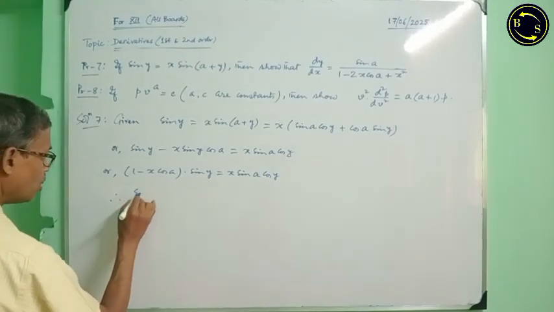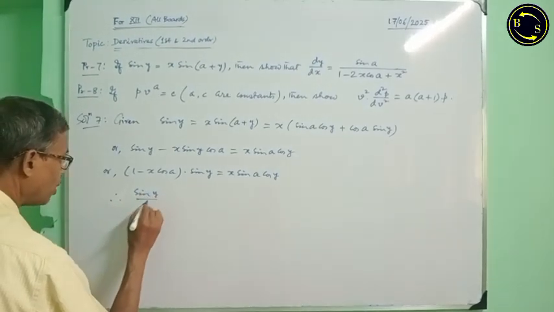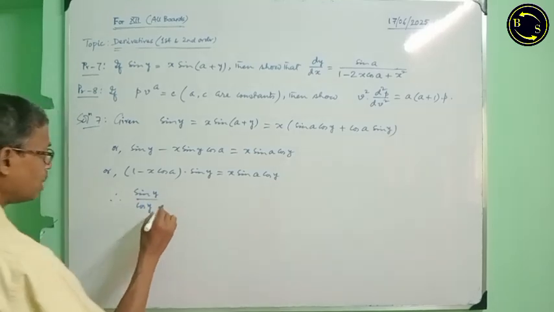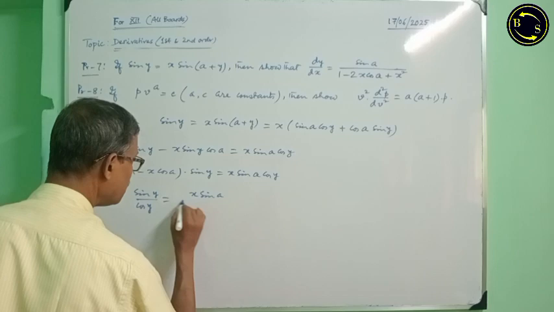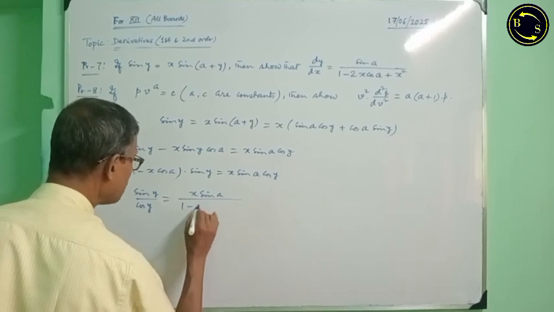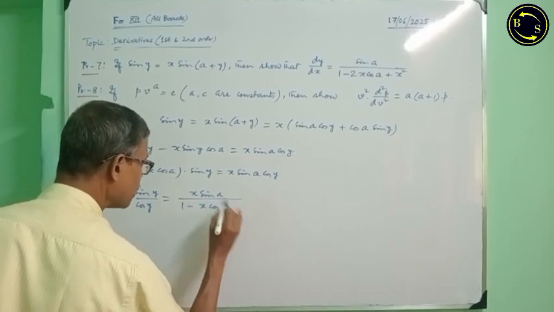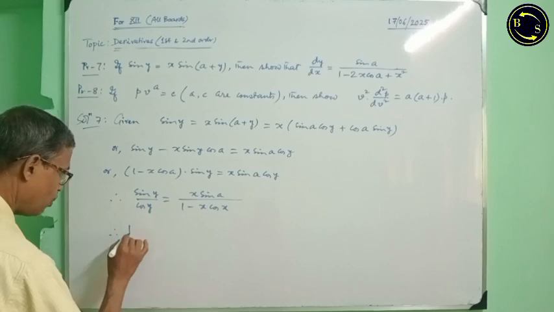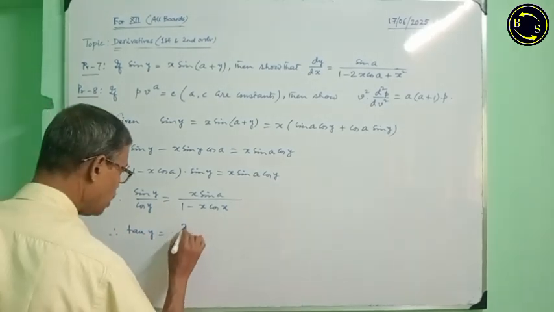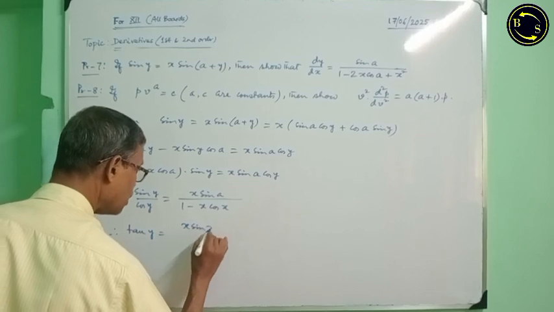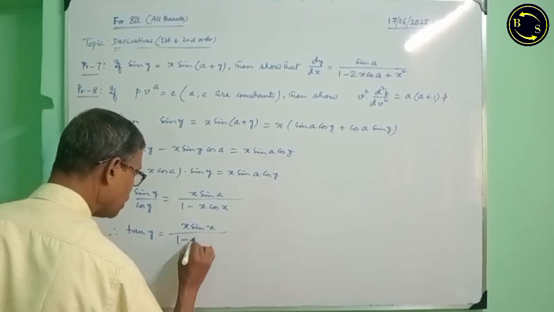Therefore, sin y by cos y is equal to x sin a by 1 minus x cos a. Therefore, tan y is equal to x sin a by 1 minus x cos a.